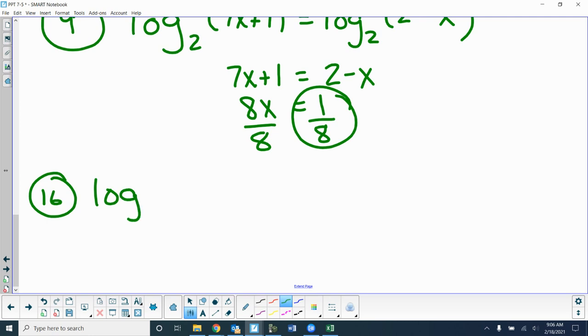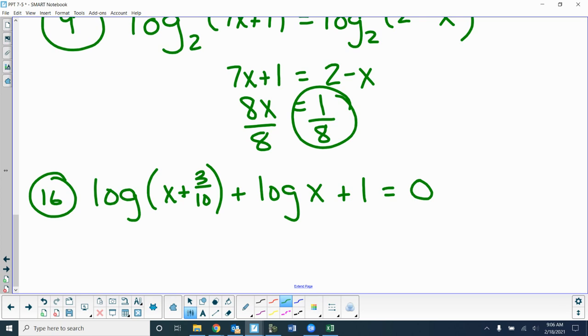This is log of x plus 3/10, plus log of x plus 1. Okay? So I would take the 1 over here.